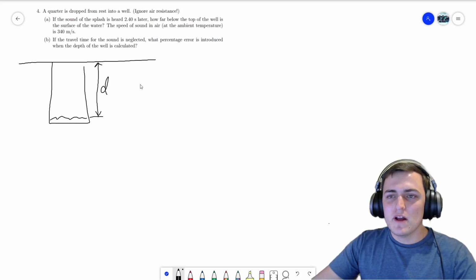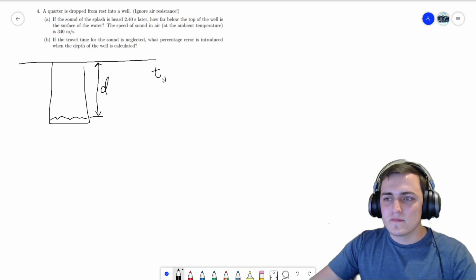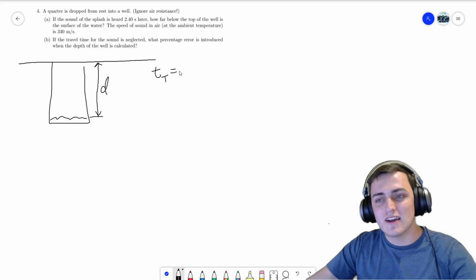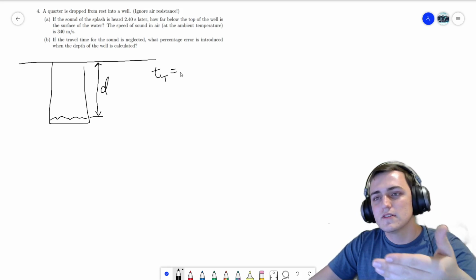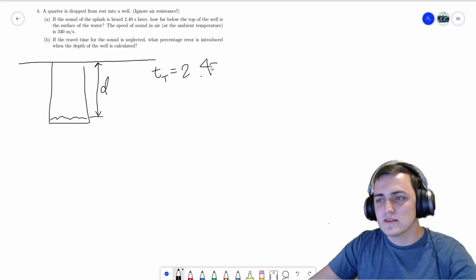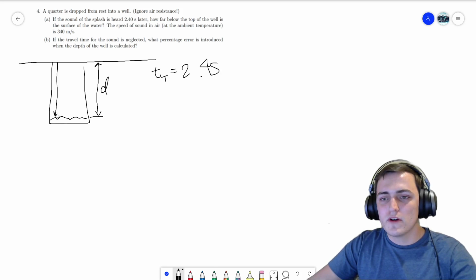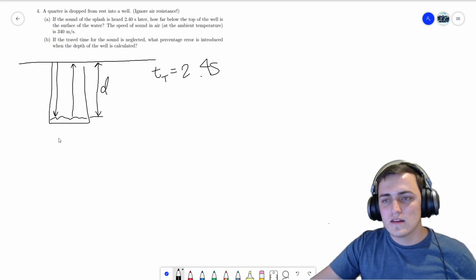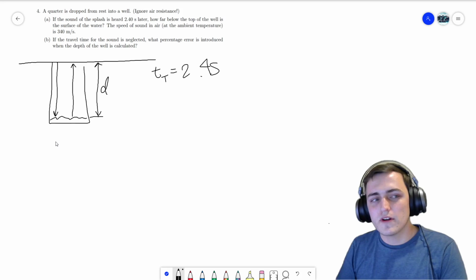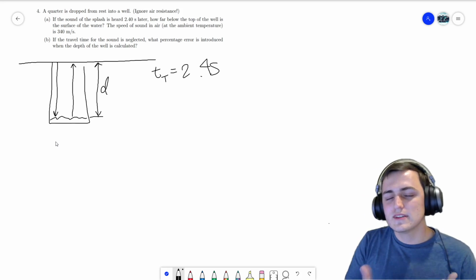And what we know is that the total time of travel for the particle to fall and the sound wave to come back up and hit our ears is 2.4 seconds. And so we know that the quarter goes down distance d and the sound wave travels back up distance d. Now, how can we relate the motion of the quarter to the motion of the sound wave?